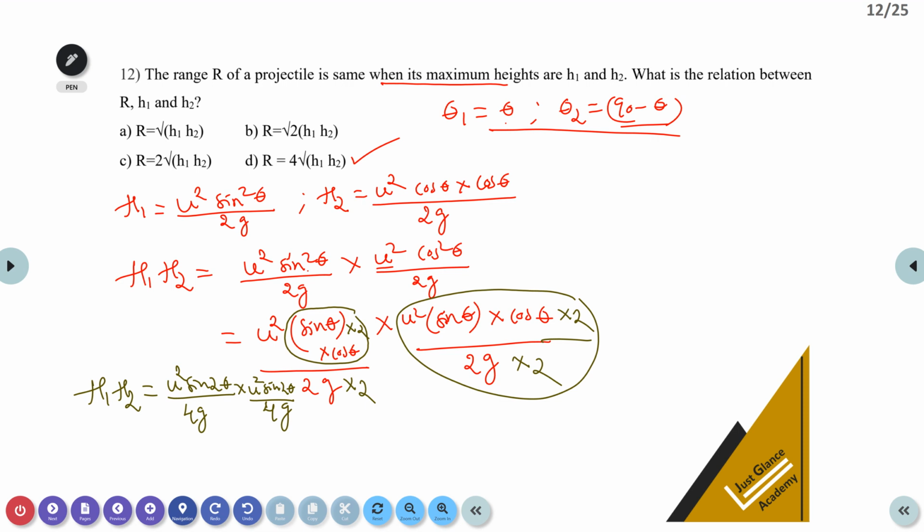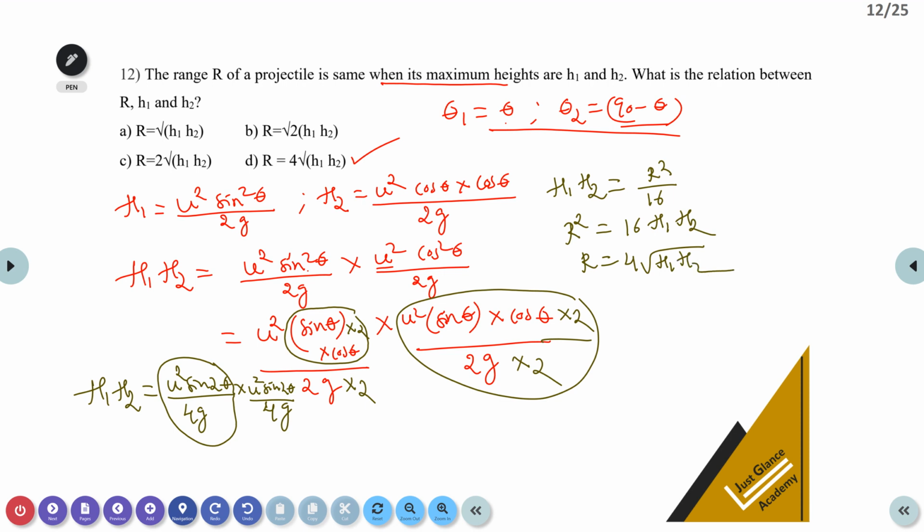But we know that u square sine 2 theta by 2g is nothing but R. Here R by 2, that is h1 by h2 equal to u square, here this becomes r square divided by 16, that is r square by 16. So that r square equal to 16 h1 into h2. Therefore r equal to 4 square root of h1 into h2. Or of course he has taken the small, no problem.